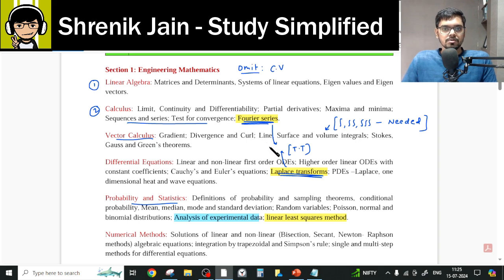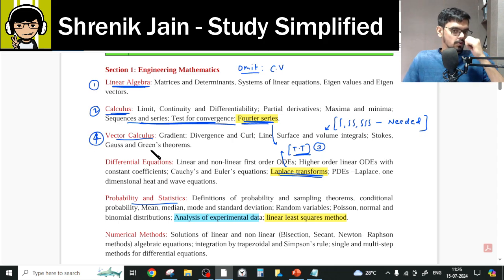I hope you understood this part: linear algebra complete you have to study, calculus complete you have to study, then transform theory complete you have to study. About those other topics, I have told you, the aptitude practice course covers them. And then vector calculus, this is the 4th chapter, complete you have to study, you have no choice.